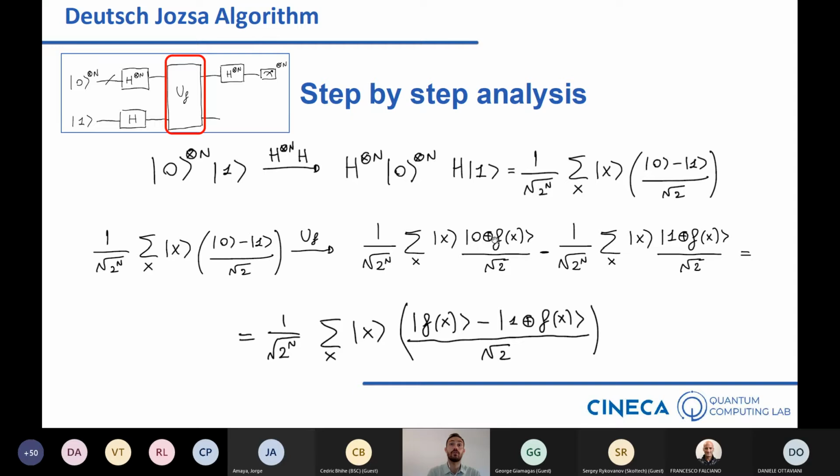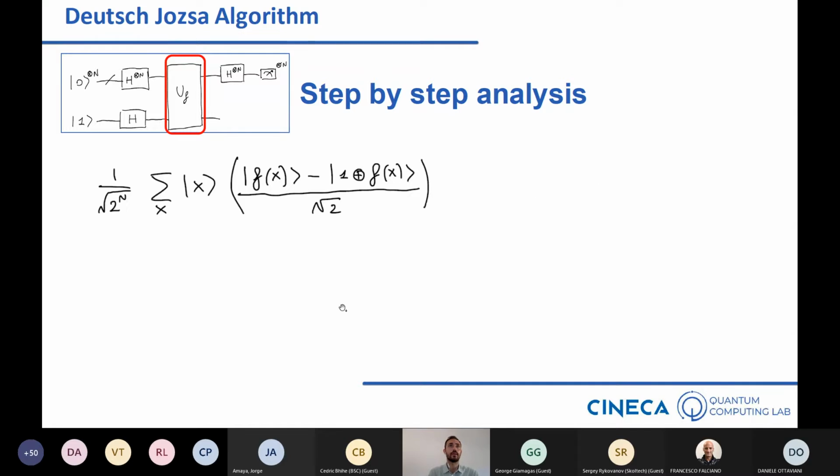Of course, 0 plus f of x is again f of x, and we're left with this state here. So are you with me so far with this state? At this point, after the application of U of f, you are in this state. So write yes.